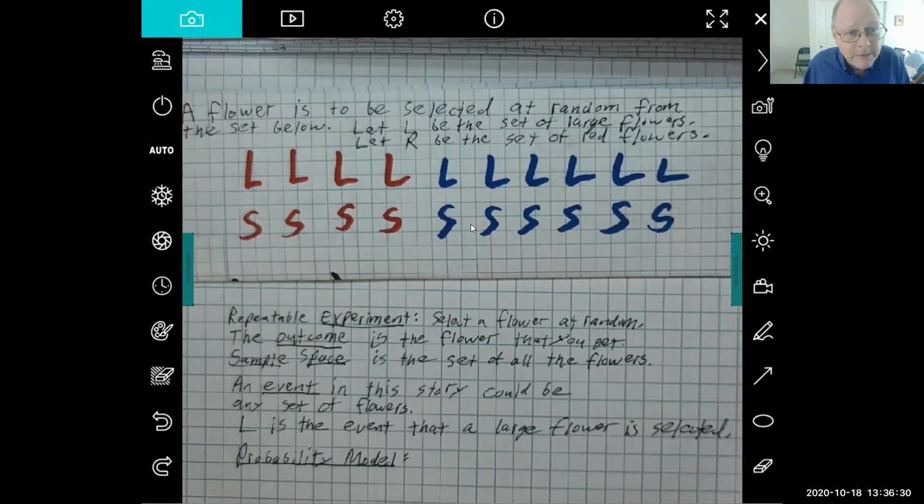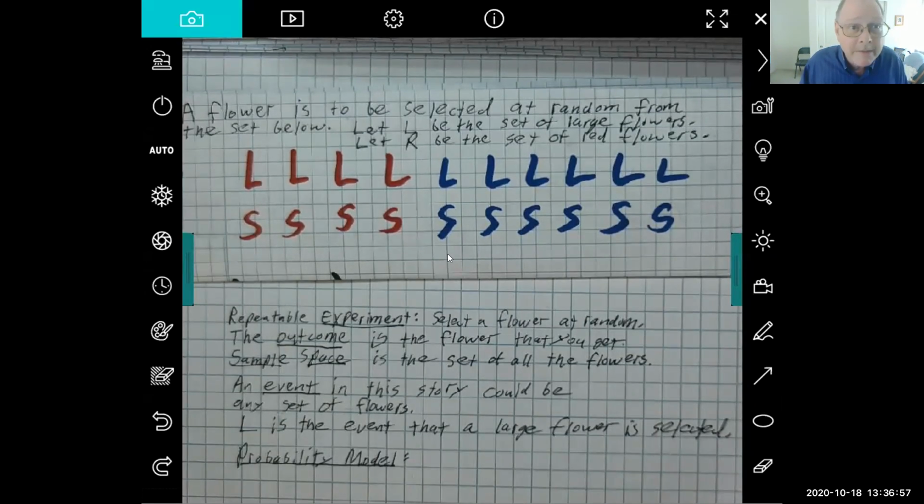All the probabilities are between 0 and 1. The probability of the total, the whole sample space, is 100%. The probability that you get no outcome at all, the probability of the empty set, has to be 0. And for disjoint events, the probabilities have to be additive. Well, you can do this in many different ways, assign different numbers to each flower.